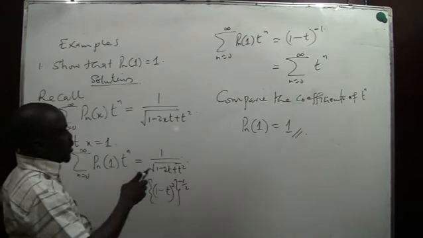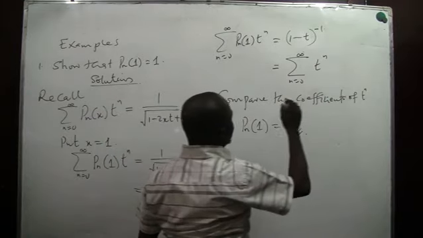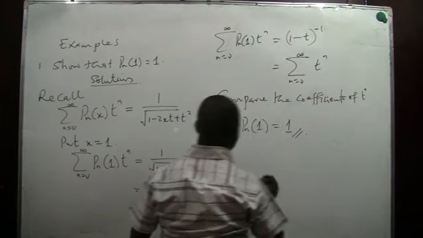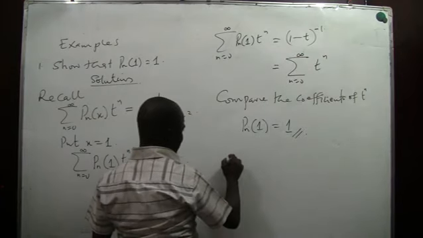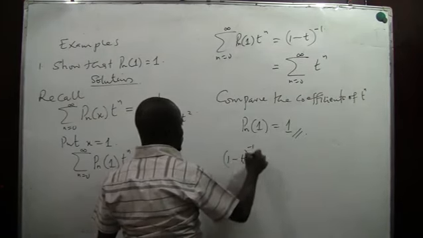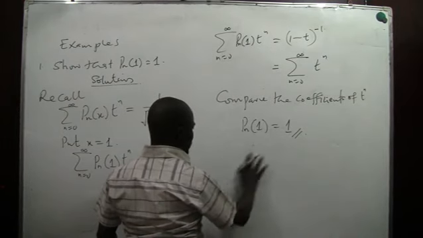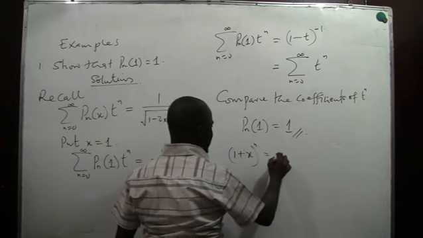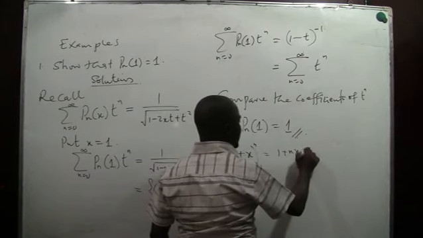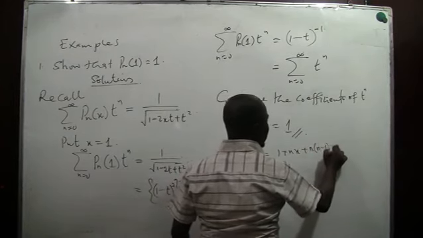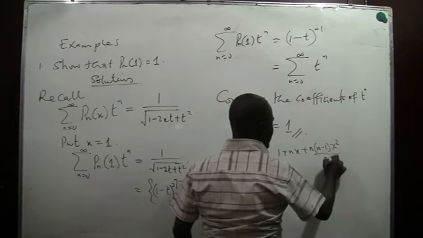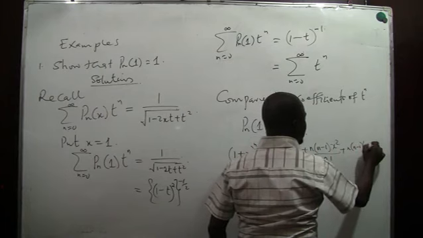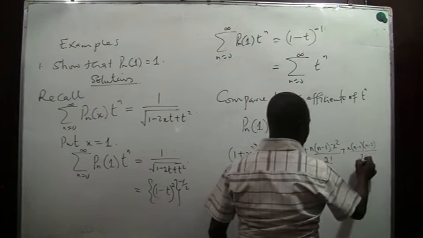Now, before I take the second question, we may be wondering how this one generates to this. Let's quickly, as a rough work, consider 1 minus t raised to minus 1. We note that 1 plus x raised to n is 1 plus nx plus n into n minus 1 x squared divided by 2 factorial plus n into n minus 1 into n minus 2 x cubed divided by 3 factorial.